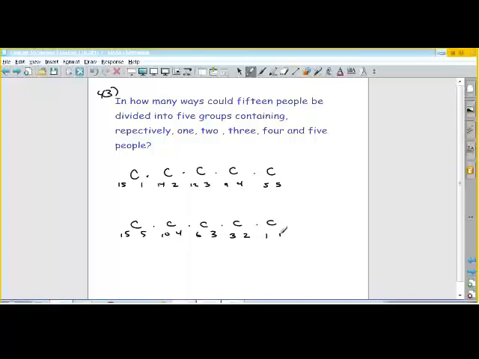different ways. So the question is, if I go this direction where I choose the 1-person group first and then go to the 2, the 3rd, the 4, or 5-person group, or if I start with 15 people, choose the 15-person group first, then the 4-person group, then the 3-person group, 2-person group, do you think that would make any difference? It seems like, based on the numbers, the chances of those being exactly the same is pretty small.